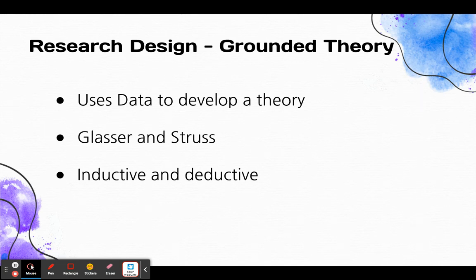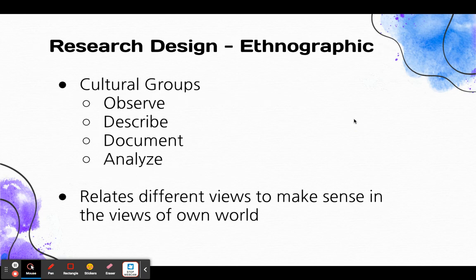This type of design was actually created by Glaser and Strauss, who were two psychologists that came up with this theory. And in this type of research design, there is the use of inductive and deductive design.